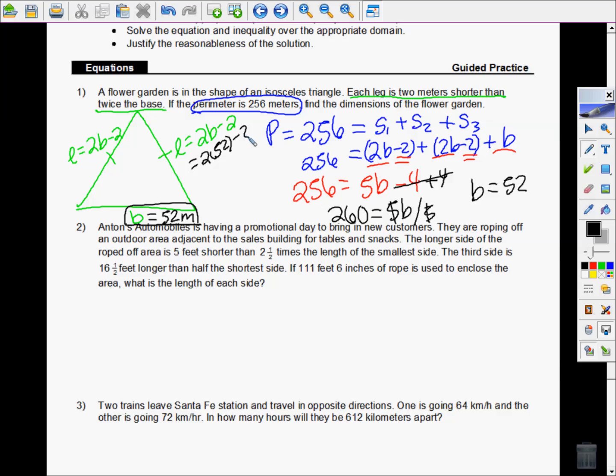Minus 2 is 102. So each one of my legs is 102 meters. The base is 52, and the legs of my isosceles triangle are each 102 meters.